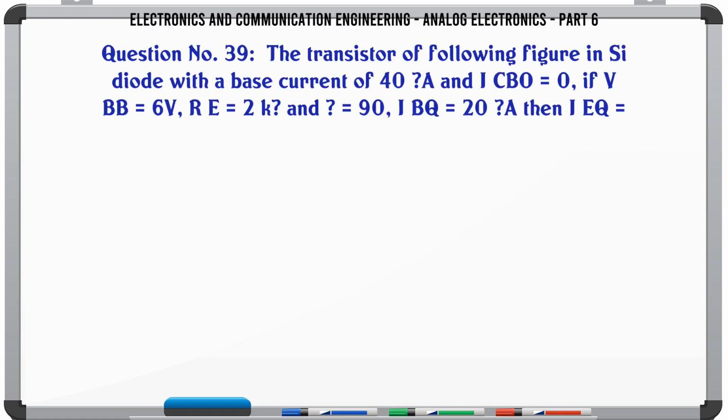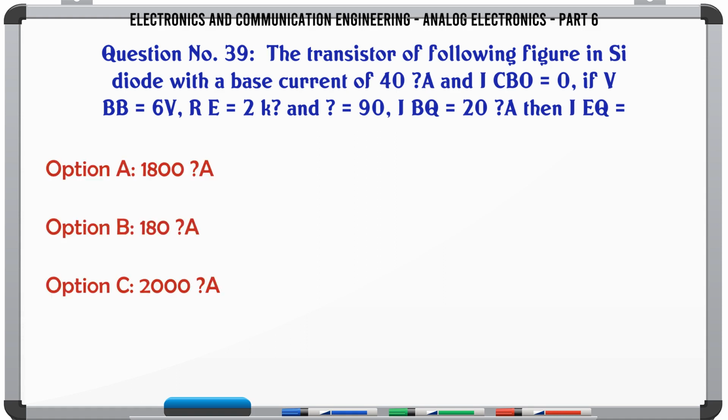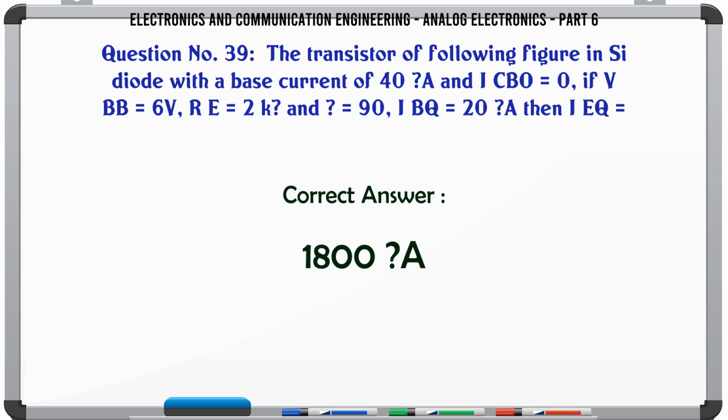The transistor of the following figure is in an active region with a base current of 40 µA and ICBO 0. If VBB 6 V, RE 2K, β 90 and IBQ 20 µA, then IEQ: A. 1800 µA, B. 180 µA, C. 2000 µA, D. 3000 µA.